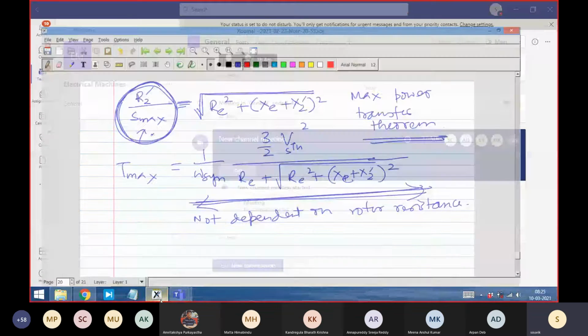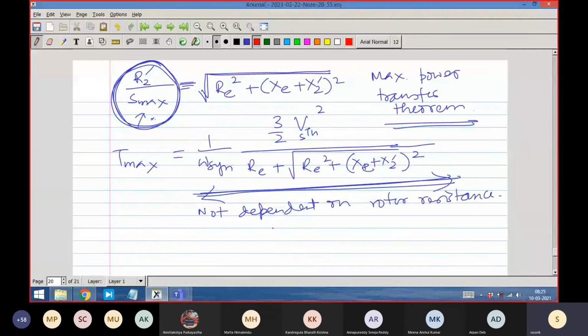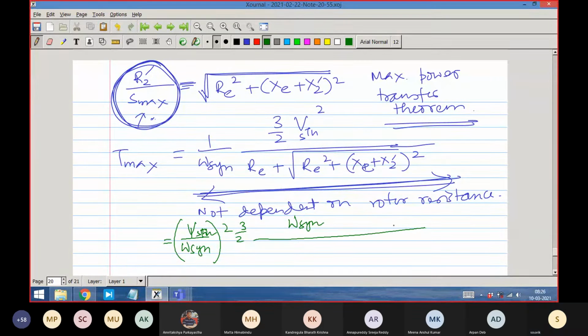So what we do is we write it as 1 by omega sin times V S TH whole square times P by 2. Then I have put omega sin in the numerator.